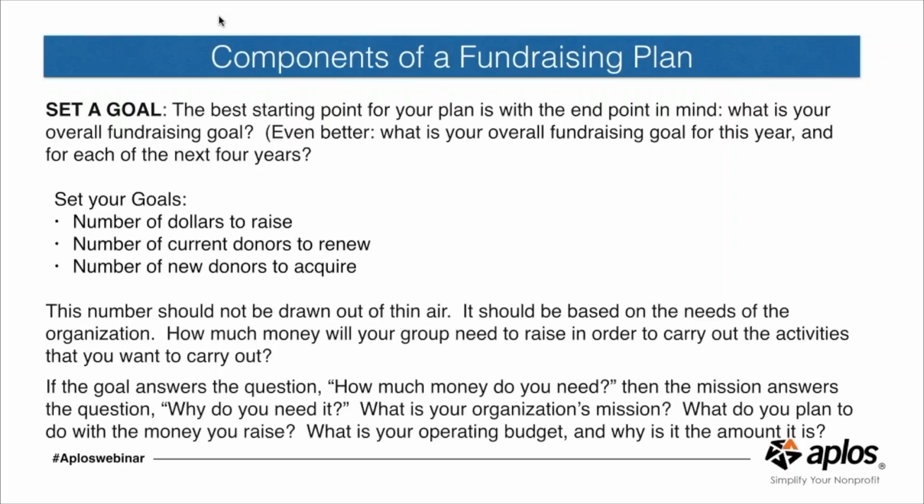If you're not, we can talk more about what Aplos does, but there's tons of great donor management software out there. Be tracking who your donors are, and make sure they're coming back to you every year. So how many current donors do you want to renew? 100%? If so, that's great. How many new donors do you want to acquire? Those can be the other goals within your fundraising plan.